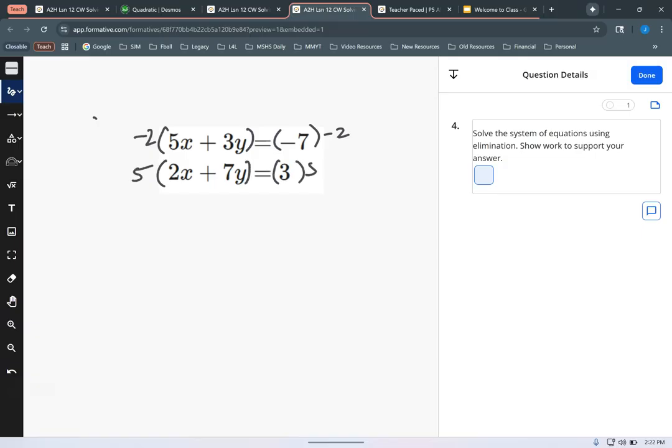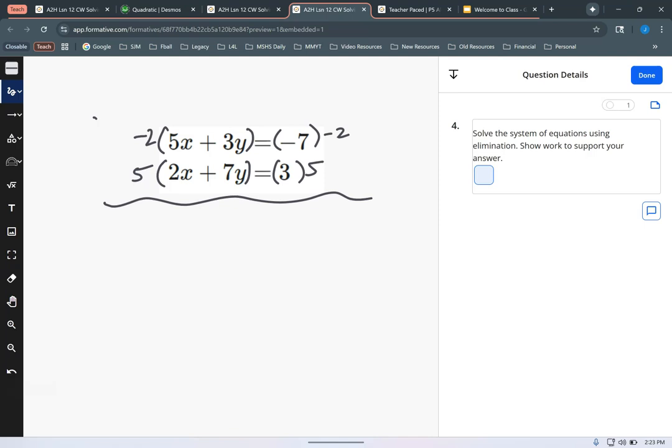Now listen. Okay, look. I'm modeling good work for you. This is what I'm going to expect from you. Showing me how you're manipulating these and then rewriting your system of equations. So for each of these questions, go back and look at the work that I modeled for you because this is what I'm going to want it to look like.